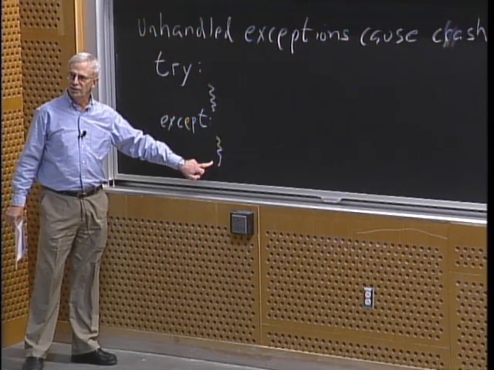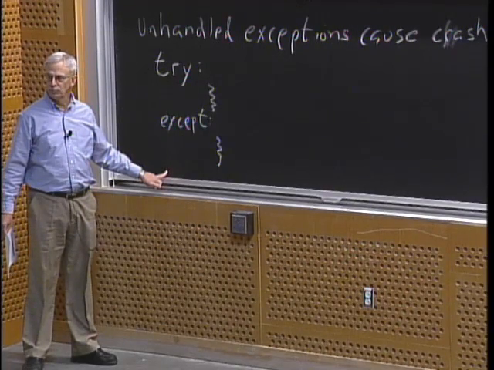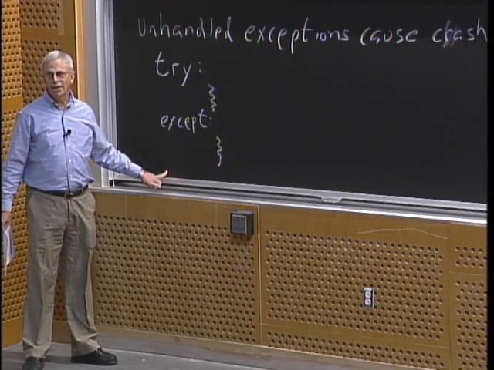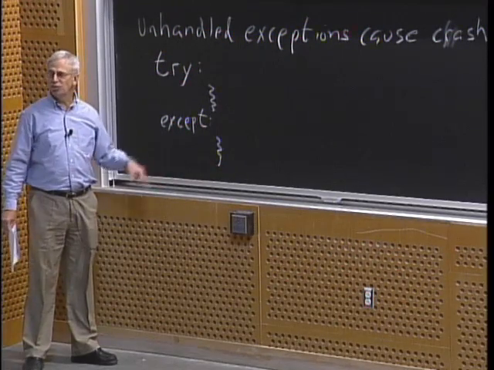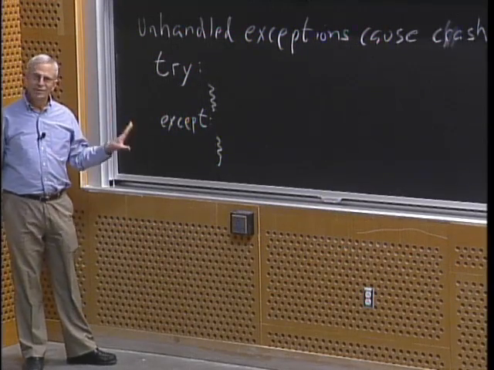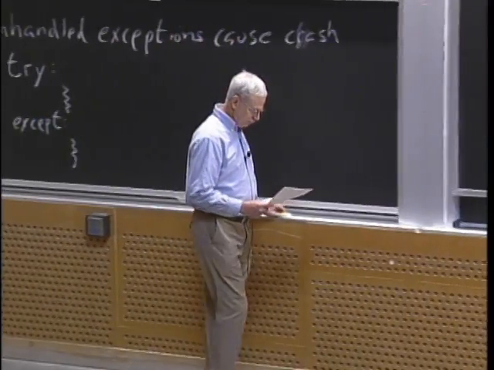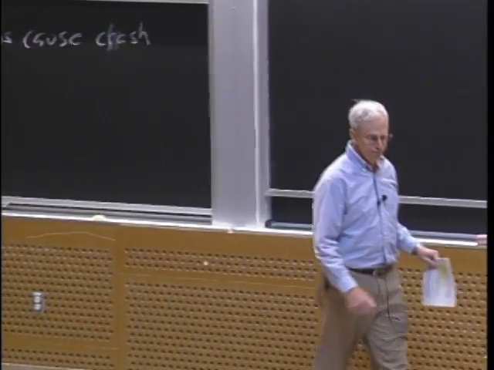And then when it finishes this, it again goes to the code following the except. Just like an if, you can nest these things. It's just a control concept. It's nothing more. So let's look at an example.